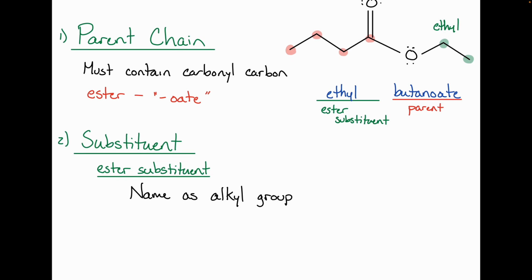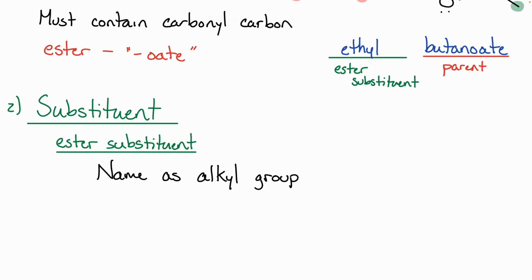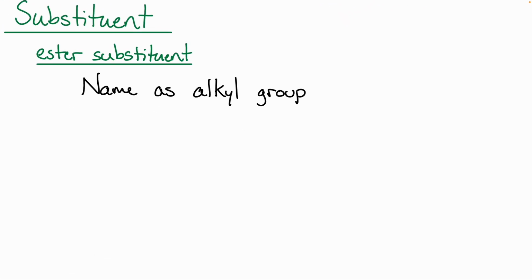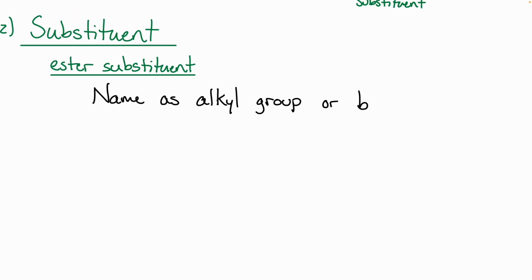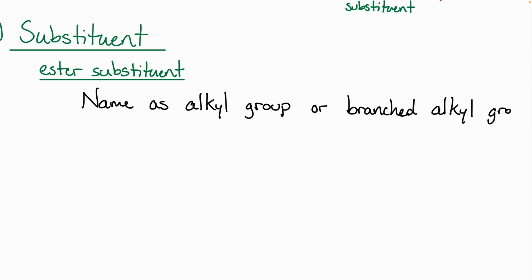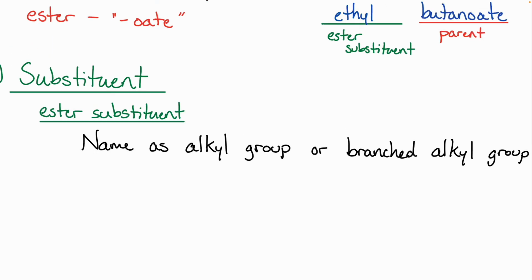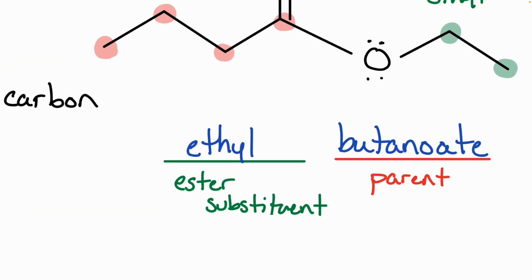All right, now in this particular one, it was a simple ethyl group here. If there were any branch points in there, we would have to name it as a branched alkyl group. And if it is a branched alkyl group, how do we number that ester substituent?